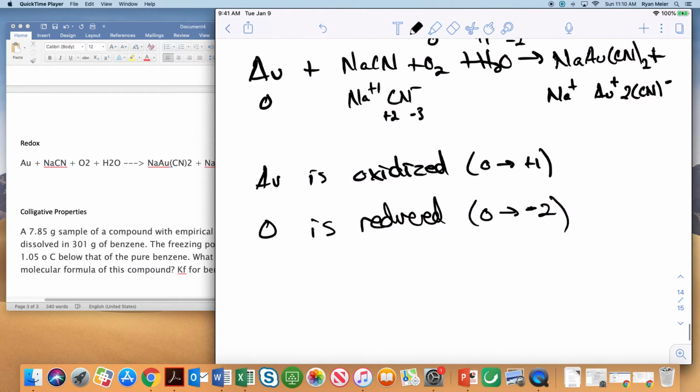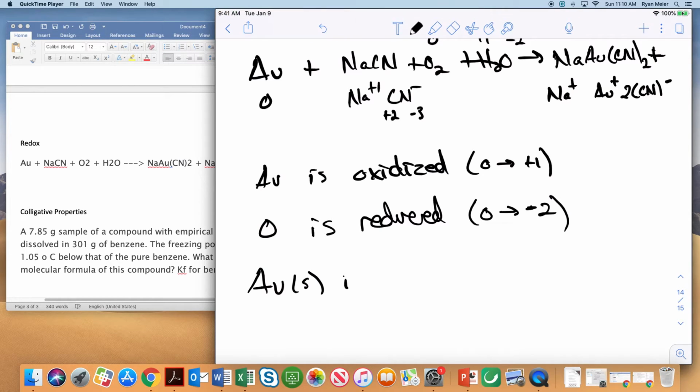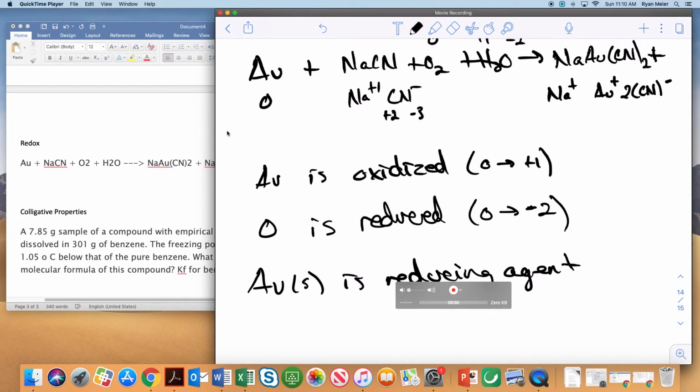Now, other terms, things like the oxidizing agent or reducing agent. Well, if gold was oxidized, that means the reactant that started with gold is going to be my reducing agent. So I could say just Au as a solid is the reducing agent. And likewise, for my oxidizing agent, if oxygen was reduced, it's specifically the oxygen that is getting reduced, so the O2.